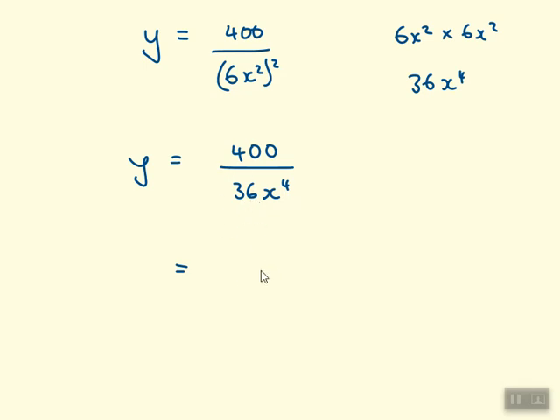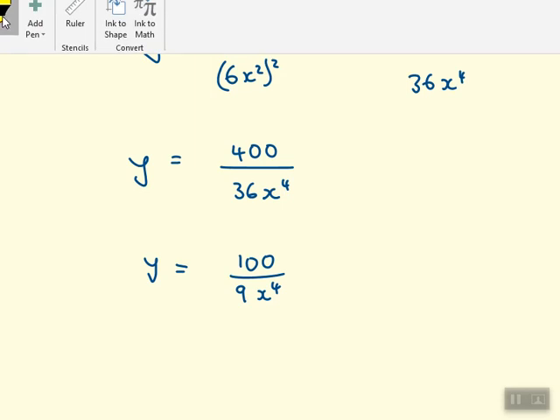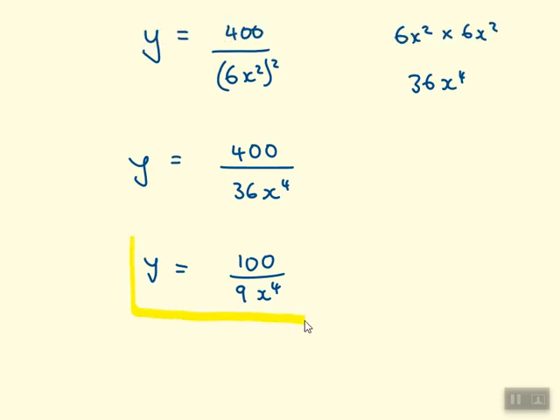So I'm going to divide them both by 4, which would be 100, and then 36 divided by 4 is 9. So that's 9x to the power 4. Now, there's nothing else that goes into 100 and 9. So this is it simplified. That is the answer in its simplest form.